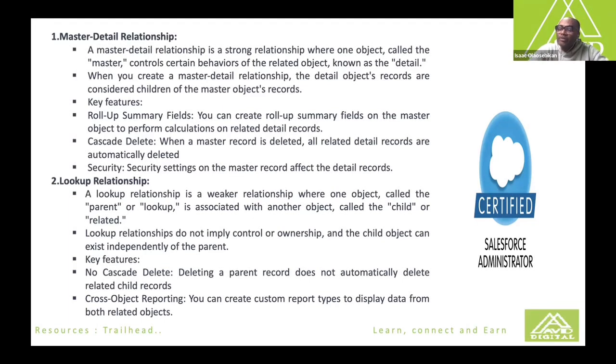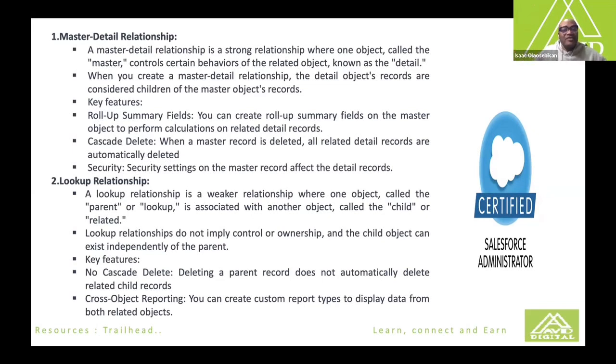If you build a custom object today, and that custom object has a master-detail relationship with one other object, when you delete that master object, the child object is going to be deleted immediately. Then when you have a custom object and a standard object, the standard object will always be a master object. It can never be a child object to a custom object.